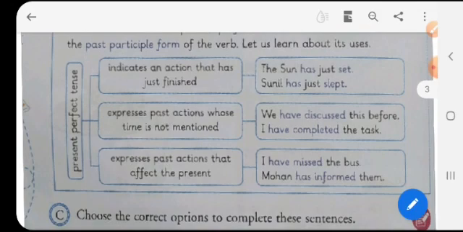Second thing, it expresses past actions whose time is not mentioned. Like, we have discussed this before. And what is the third thing that it shows? It expresses past actions that affect the present. Like, I have missed the bus.